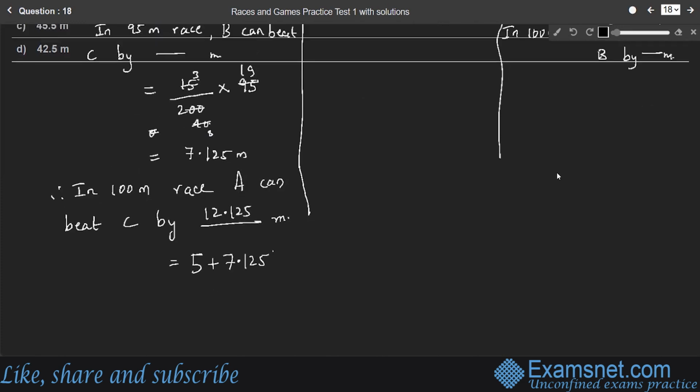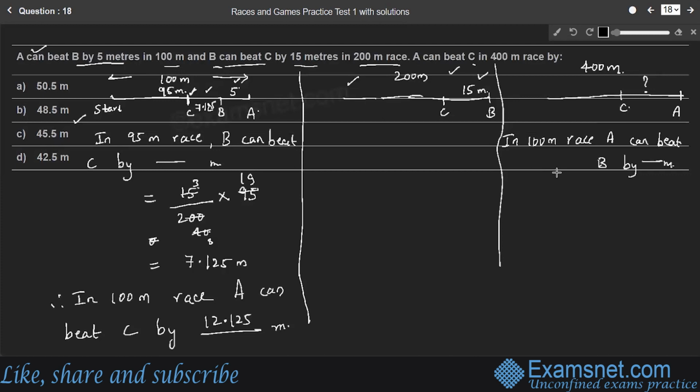So A can beat C by 12.125 meters in the 100 meters race. That's what the question is.